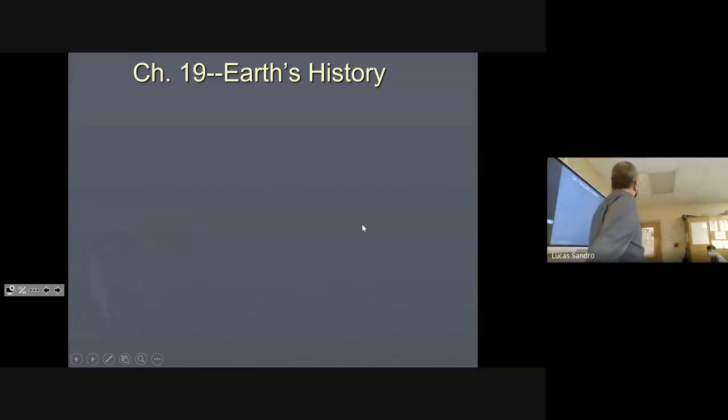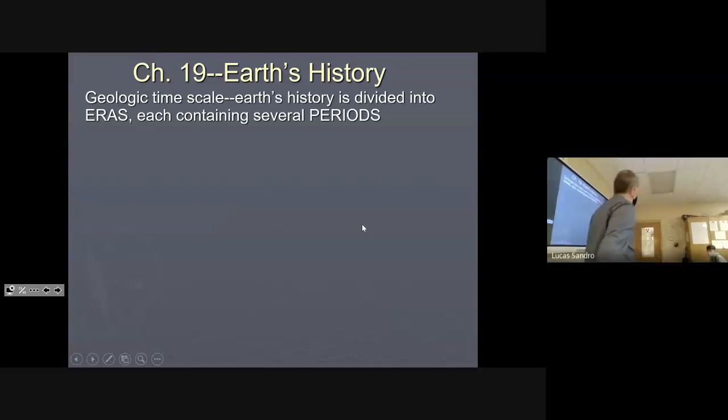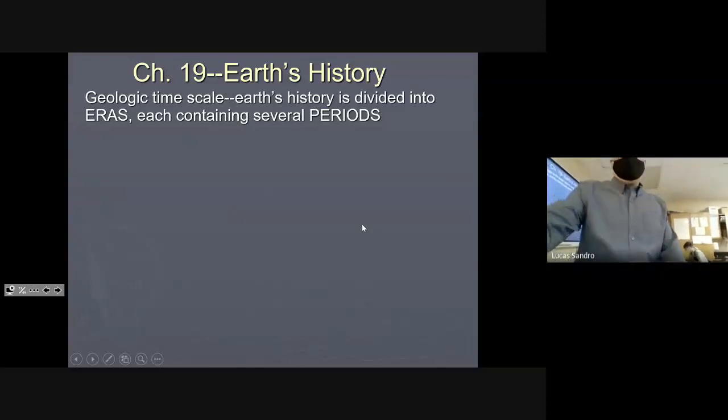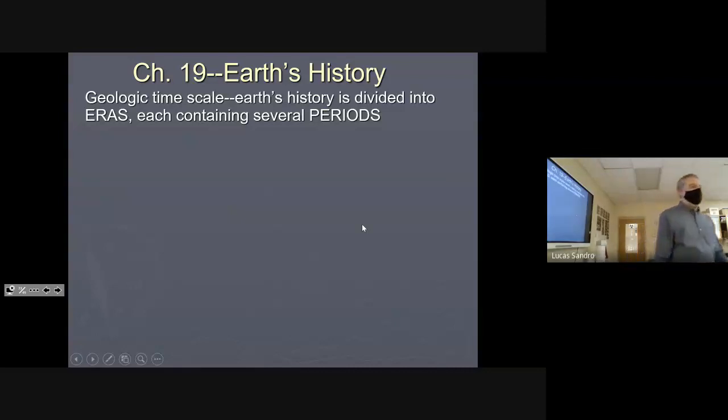But before we look at the formation of planets like Earth, let's talk about how we divide up what we call geologic time. It can be hard to get your head around geologic time, the huge amounts of time we're talking about. So the big chunks of time we divide the Earth's history into are called eras.